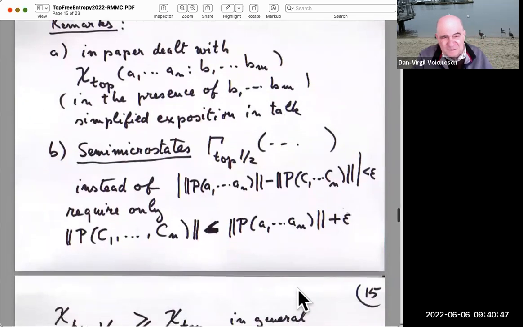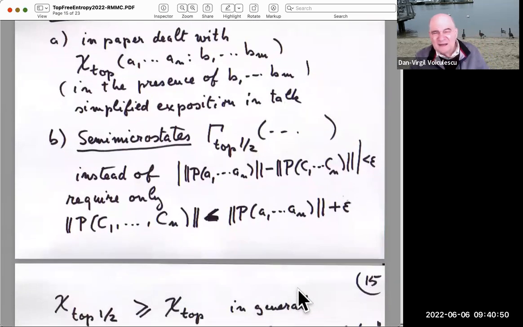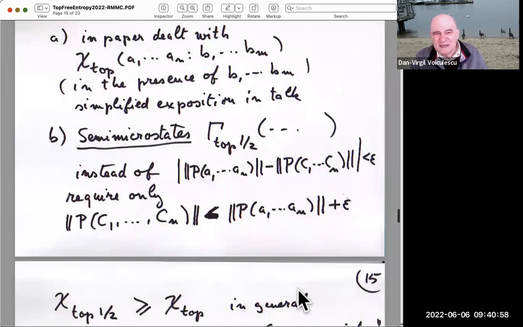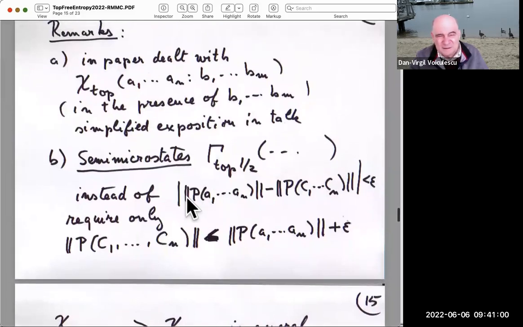Another thing I should mention, playing with definitions, is that there is a notion of semi-microstates. I put them here, semi-norm microstates, Gamma topological, and I put here a 1/2 of this.